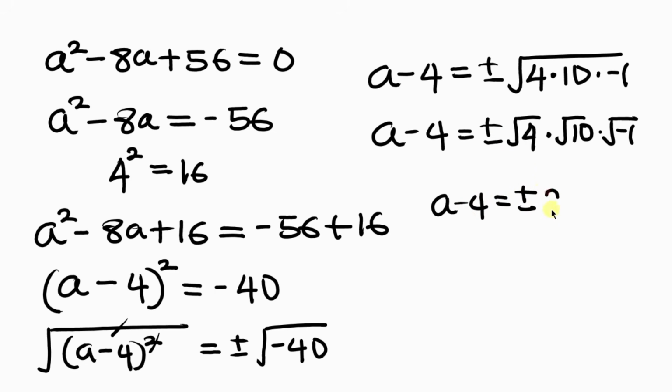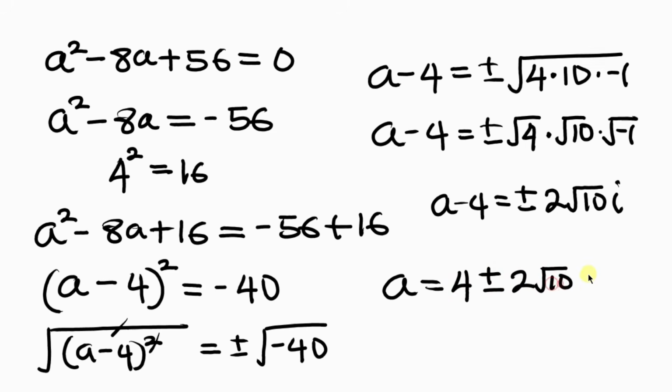Now I'll simplify this into the square root of, now this can be written as 4 times 10 times negative 1. Good. So this becomes a minus 4 equal to plus or minus. Now let's separate what we have here. The square root of 4 times the square root of 10 times the square root of negative 1. Square root of 4 is 2. Square root of 10 is the square root of 10. While the square root of negative 1 is i. Now bring this negative 4 to the right hand side so that we have a. As negative 4 crosses to the right, it becomes positive 4. Plus or minus 2 root 10 i.